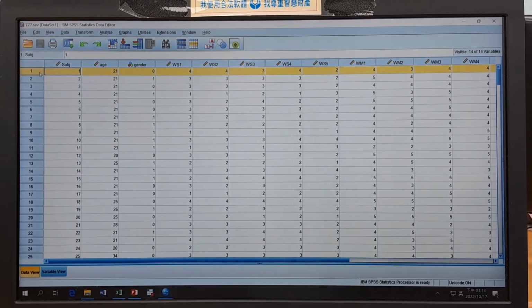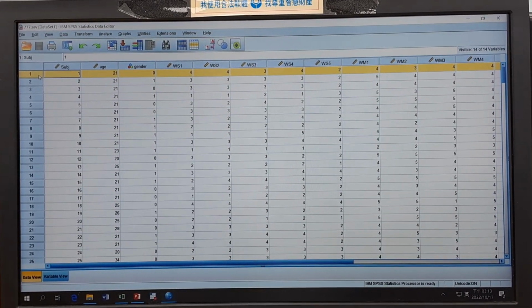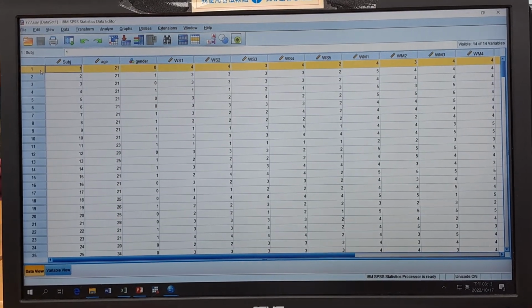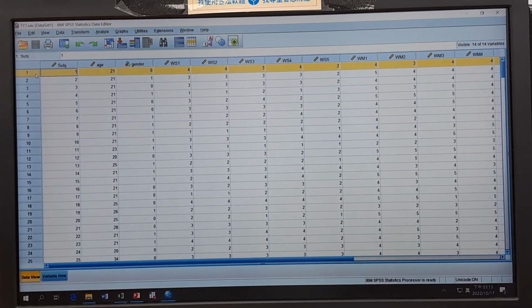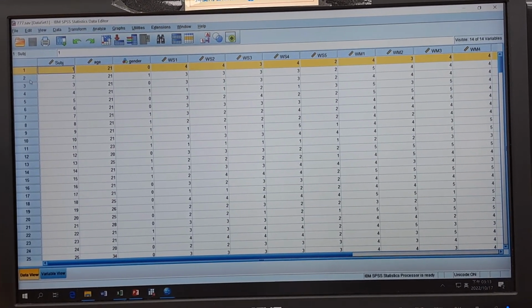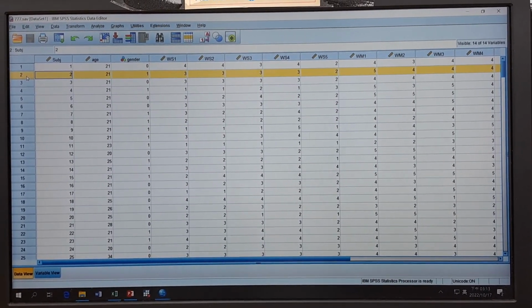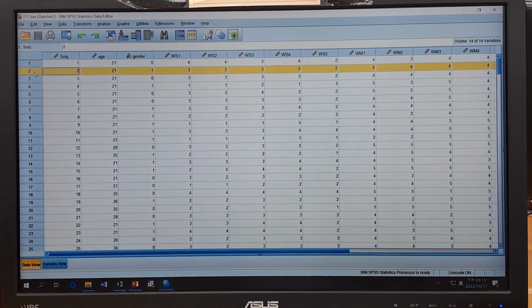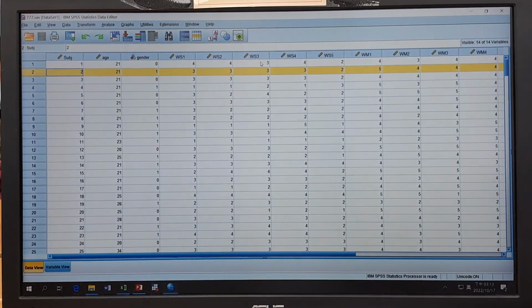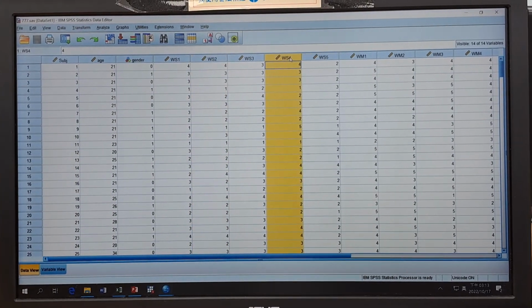Subject 1, is this male or female? Female. Subject 2, male or female? Male, right? They are different people. Variable WS2 and WS4, this one and this one.